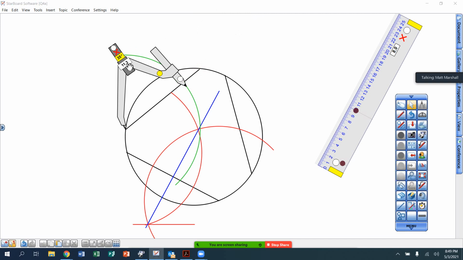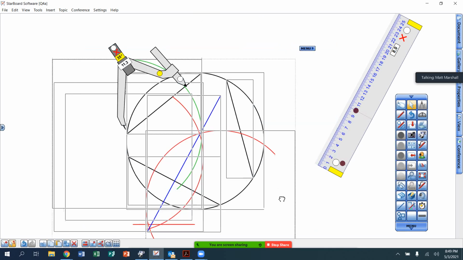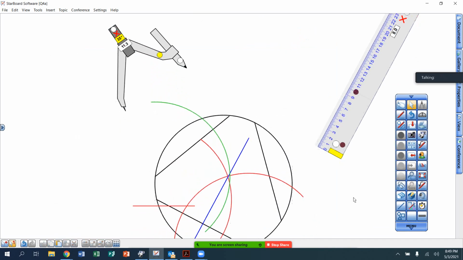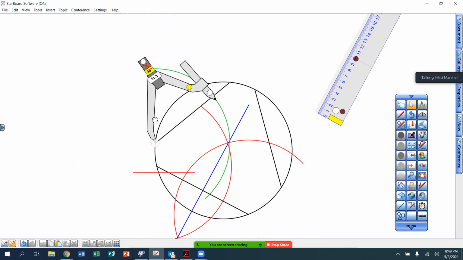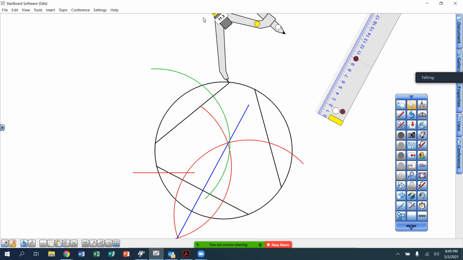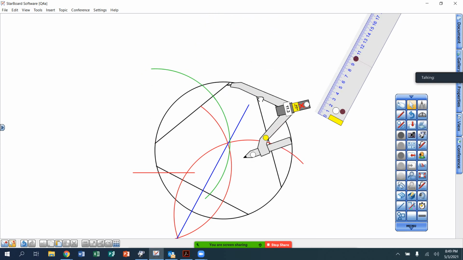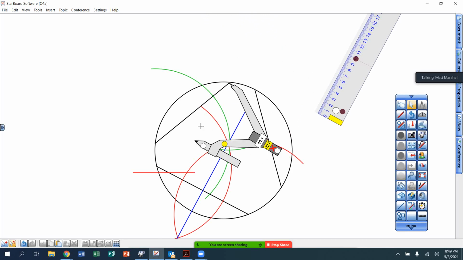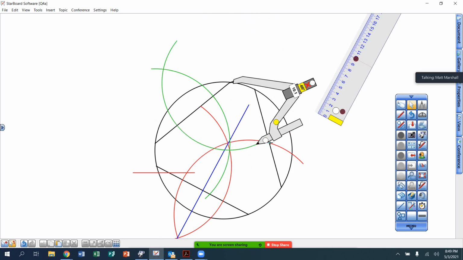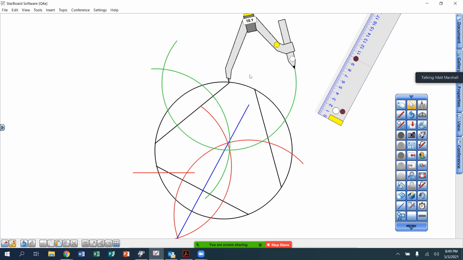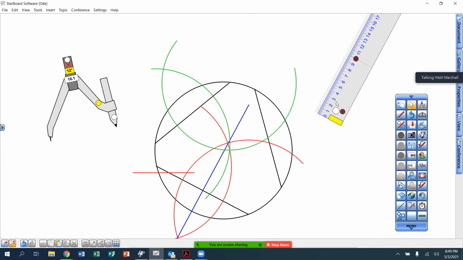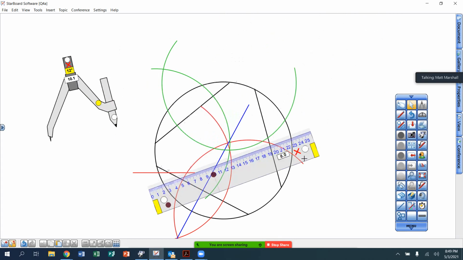Oh, it doesn't look like it's gonna let me move this down. See, I moved the size of my compass. That would have been a disaster right there. But yeah, I got to do that 3 separate times, he told me.